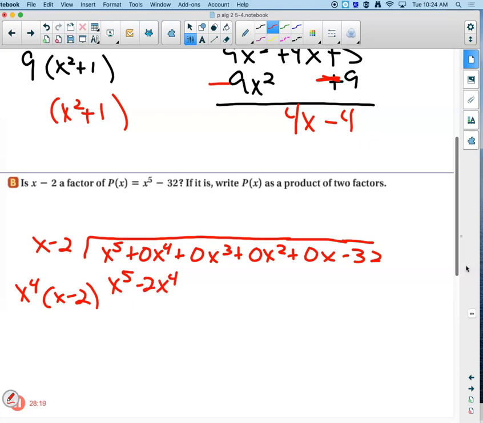So it worked. I'm going to put my x to the 4th up here. Change the signs and add. So now x to the 5th minus x to the 5th, gone. Toast. Then we get 2x to the 4th, and I know normally I'm supposed to bring down the next term. So that's what I do. Bring down the next term.